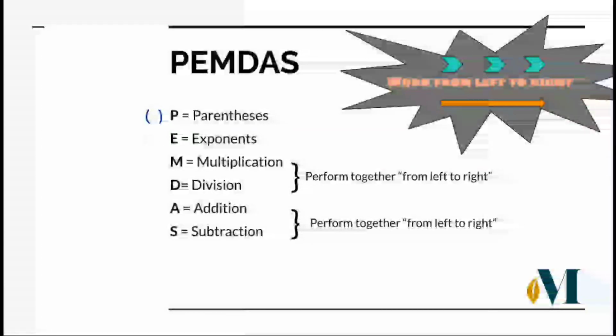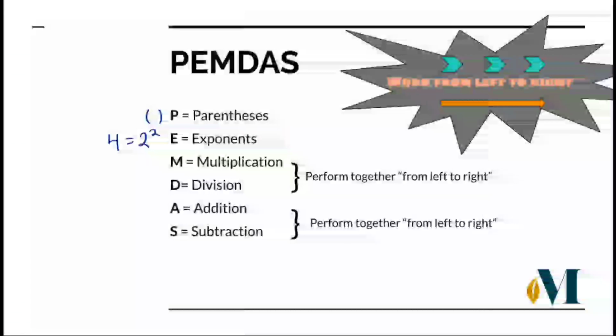If we have a value, say 2 to the power of 2, we want to simplify this next by working with those exponents and simplifying it to just be 4.